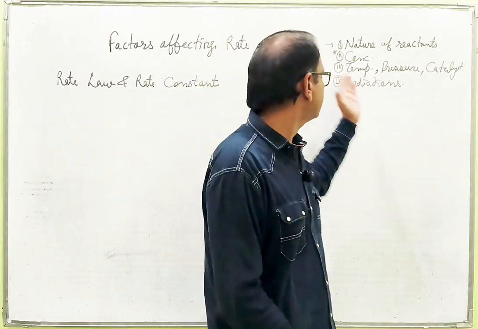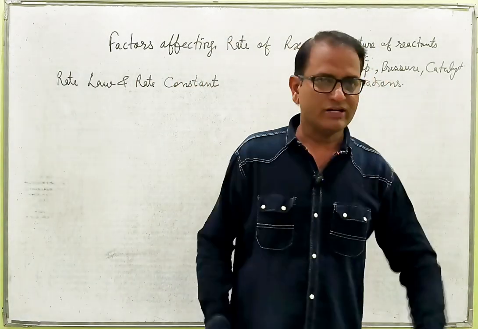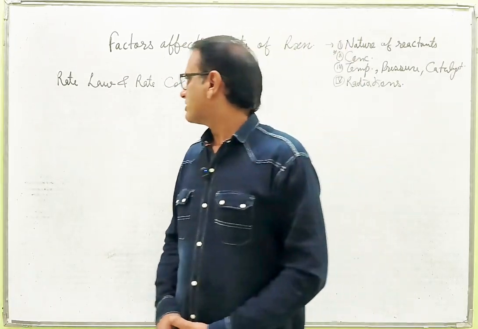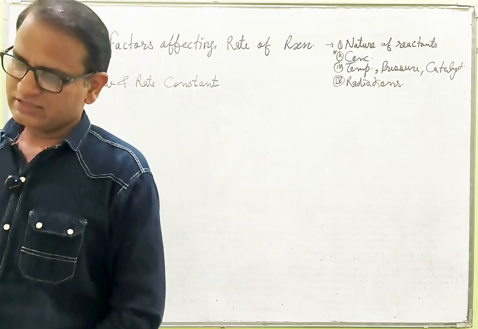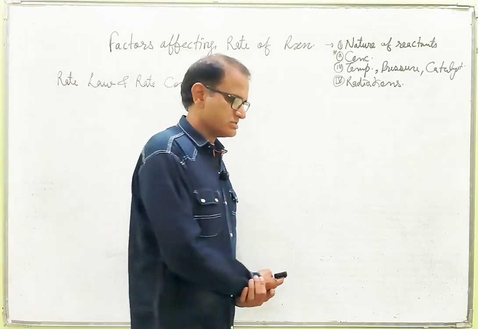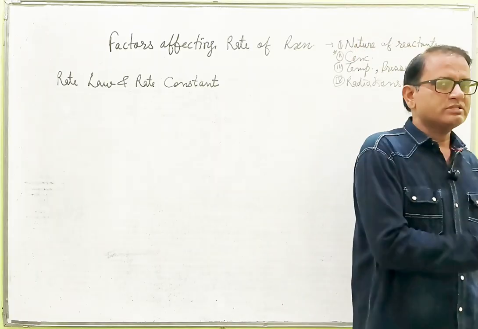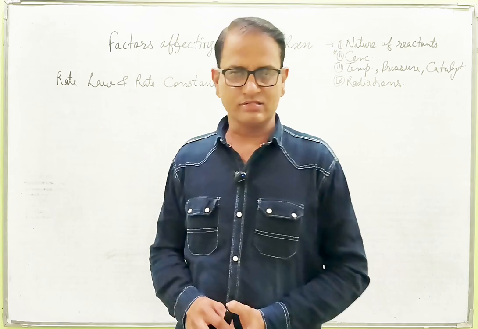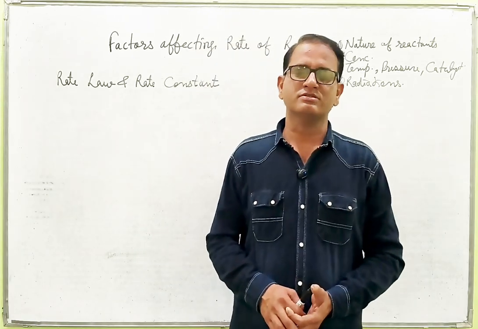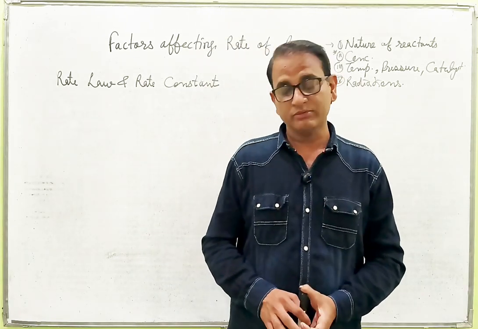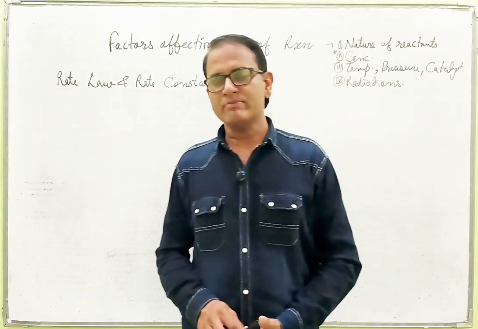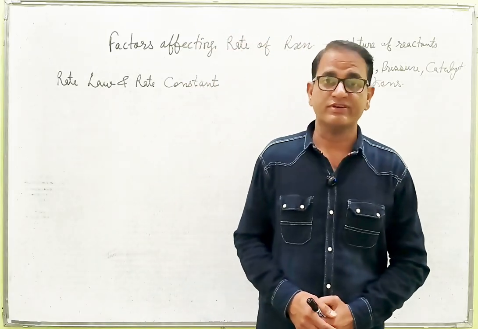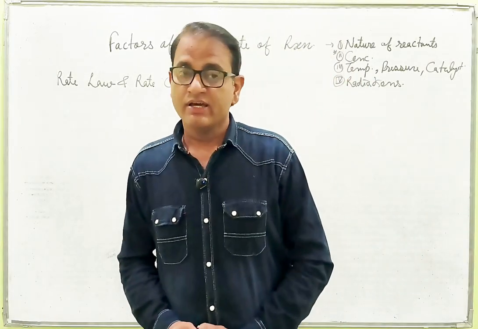Here we are discussing how concentration of reacting species is important in studying rate of a reaction. It is experimentally proved that as time passes, the rate of reaction decreases as the concentration of reacting species also decreases. It means the rate of reaction primarily depends upon concentration of reactants.